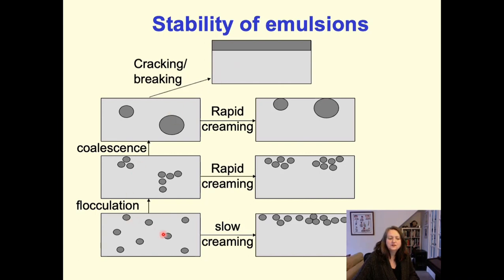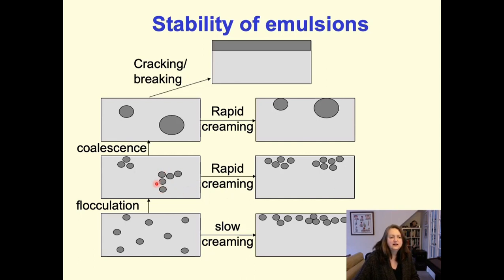So we could have it that they separate through creaming, which can occur at different rates. And they can cream at different stages depending on their size. So they could cream as separate dispersed droplets and gradually separate out. So the oil would be less dense than water, so it would go up, unless you control the density of your continuous phase.